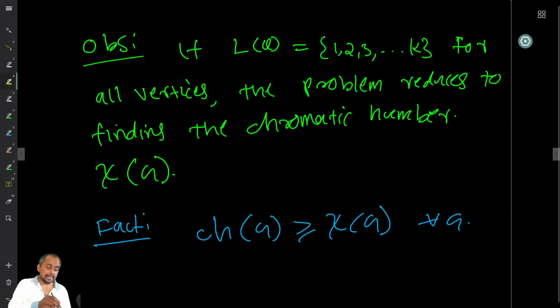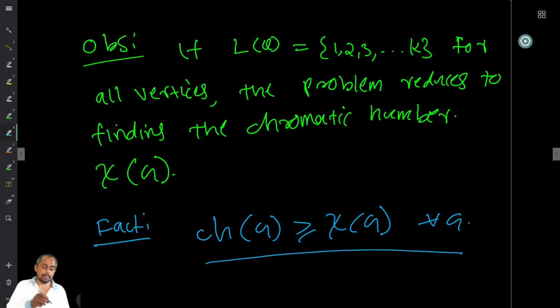Now, maybe not surprising for everybody, but it could be not trivial to immediately see that the choice number is greater than or equal to the chromatic number. But why is it actually trivial?